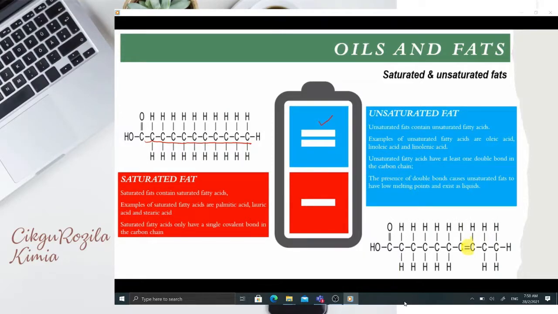Okay, so unsaturated fatty acid have at least one double bond in the carbon chain. So, bila dia ada double covalent bonds, menyebabkan unsaturated fats mempunyai low melting points and exist as liquid. So, from these facts, we know that actually kalau kita tengok yang dalam keadaan liquid form adalah oils.